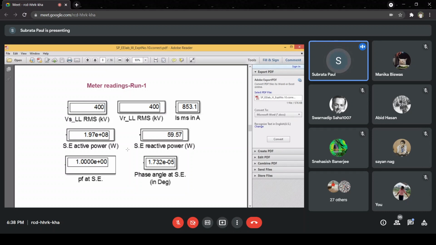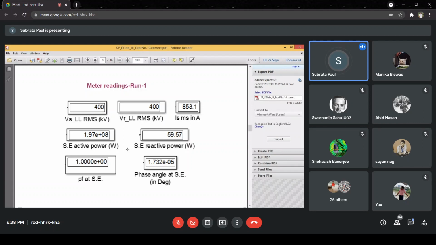Again, remember, the line itself generates reactive power because of its shunt capacitance. We can say that the shunt elements of the line are generating inductive power.